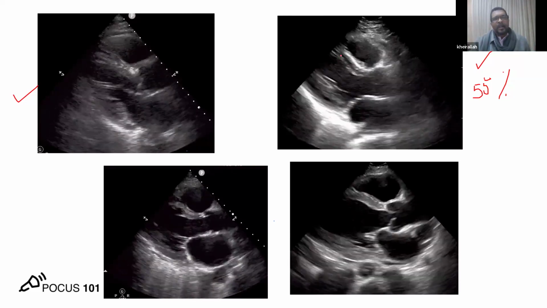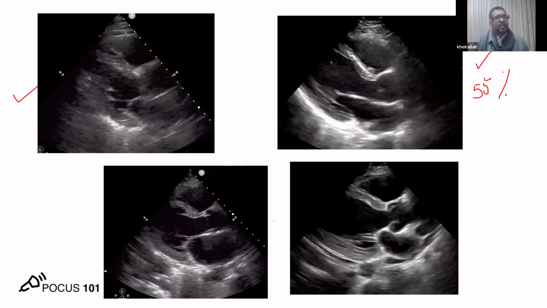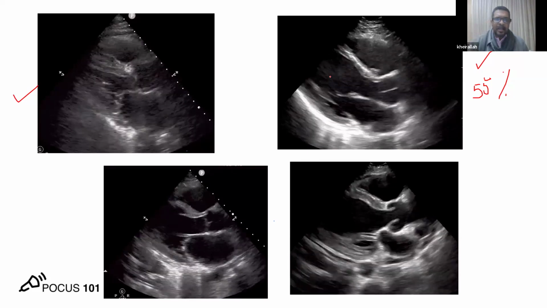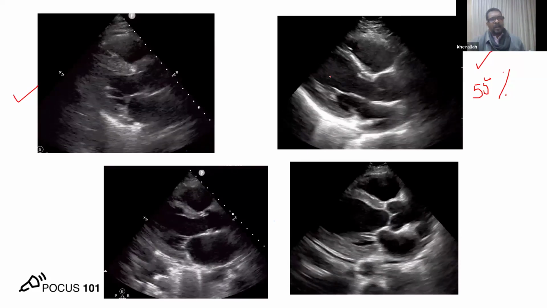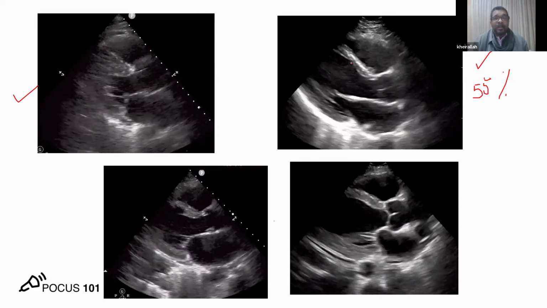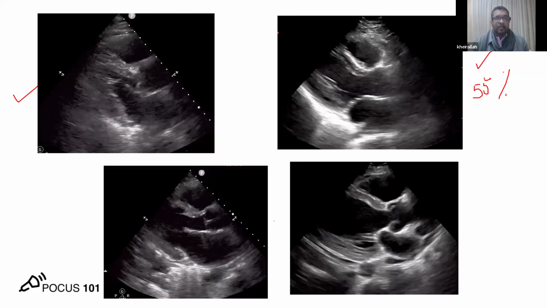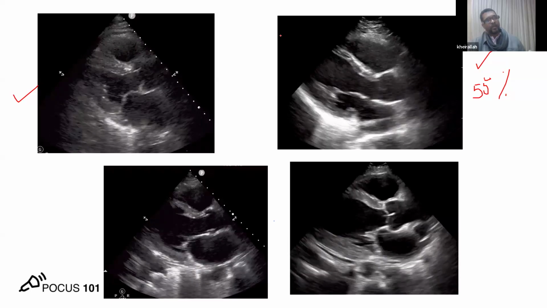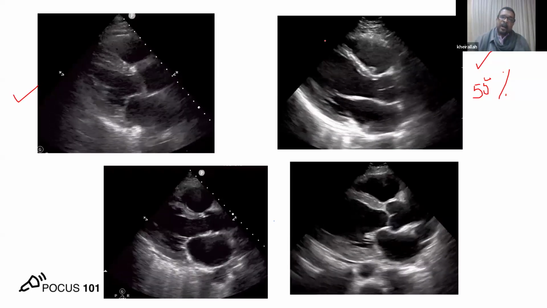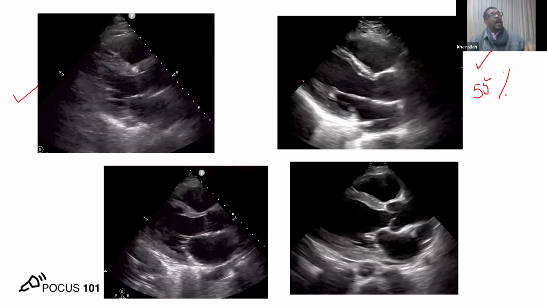If it's global, this image is going to reflect the entirety of the heart, because what is seen here is going to be seen in the rest of the segments. But if it's regional, you might have good contractility here and here, but the apex is aneurysmal, for example, so you miss the accurate assessment.